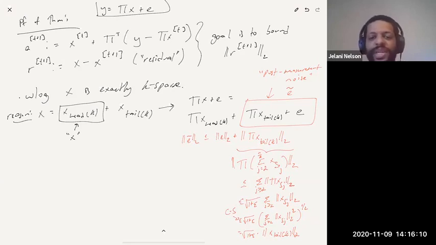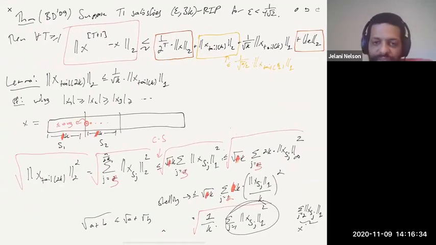So basically what I'm saying is if I just pretend that x is actually x head and throw pi x tail k into the post measurement error, then if my new post measurement noise is e tilde, the norm of e tilde is bounded by the norm of e plus roughly the norm of the tail, which is within my tolerance for the kind of error I'm willing to have in the theorem statement, right? I have both of those terms on the right-hand side anyway. So from now on, for the rest of the proof, I'm just going to assume that x is actually its head, meaning that x is actually a k-sparse vector.